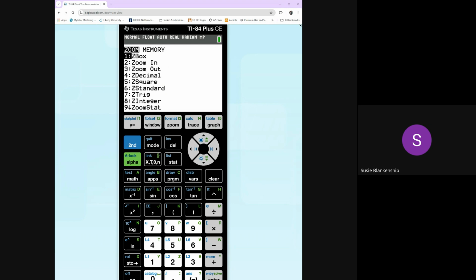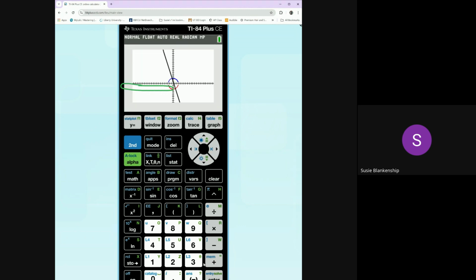The square right there really will make it into this nice window where you get to see it. So hit the 5. Now it looks like it. I'm going to change my window because look how small this is, and I can't really see what's going on. You want to get a good part of the intersection. So if I hit zoom 6 and then zoom 5, I'll be back into something like that.